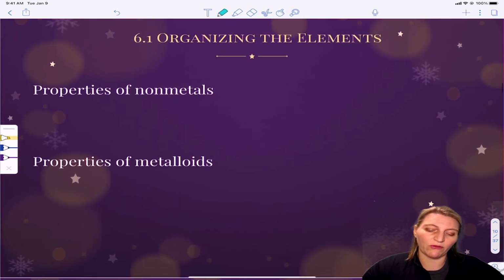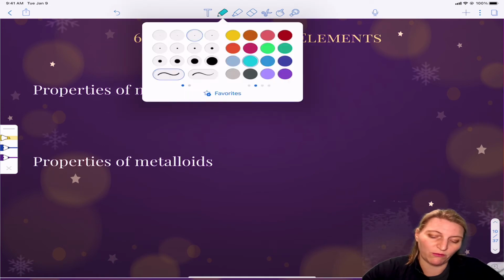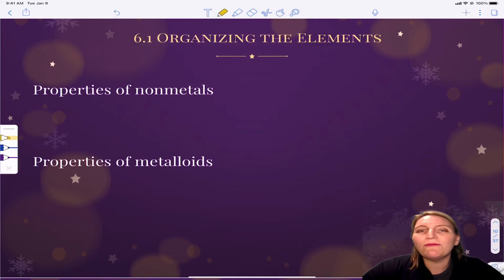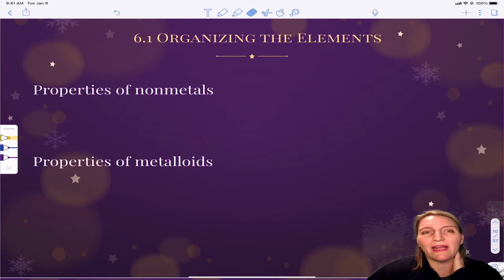Now, when we talk about the properties of nonmetals and then the properties of metalloids, you'll find that we don't have nearly as many properties of nonmetals. And if you look at the periodic table, there's much fewer elements that are considered nonmetals than metals. And most of the time, what we say about the properties of nonmetals is that they are not the properties of metals.